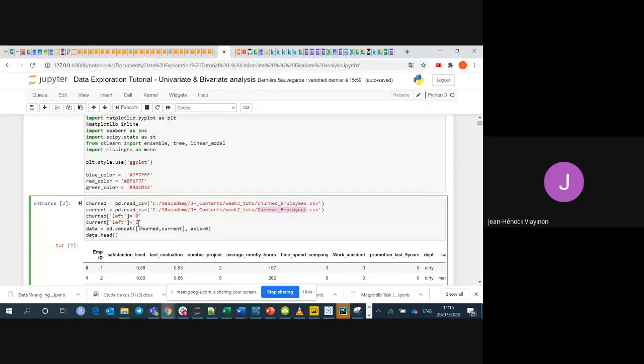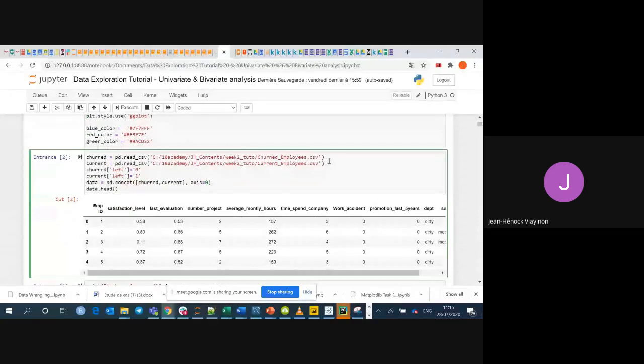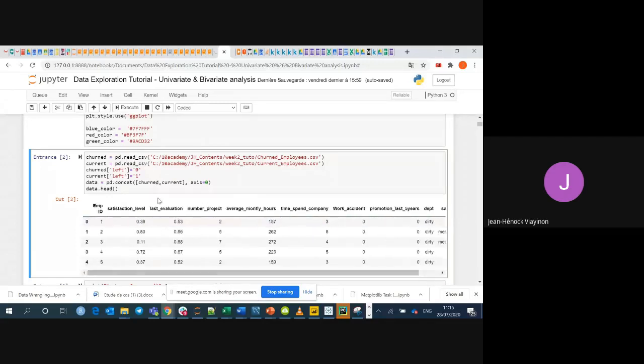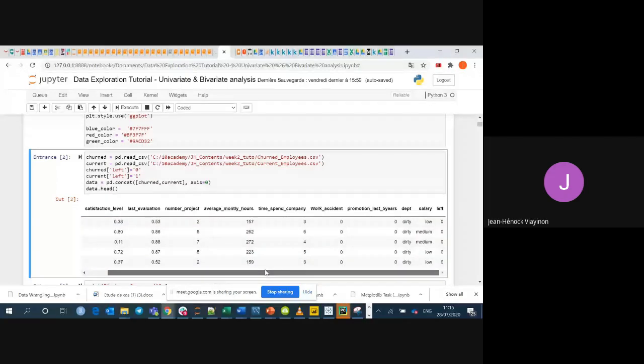Here I just want to go through some data exploration techniques quickly. I'm importing the data set, and as there are two separated data sets, you saw yesterday with Sebastian how to merge them. I merged them and created the left column, the churn column: for churned employees I filled it as 0, and for those who did not churn yet, I filled it as 1.